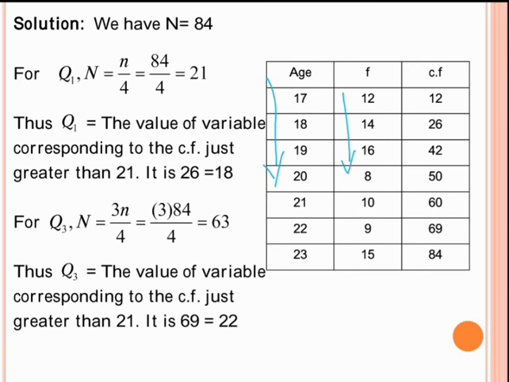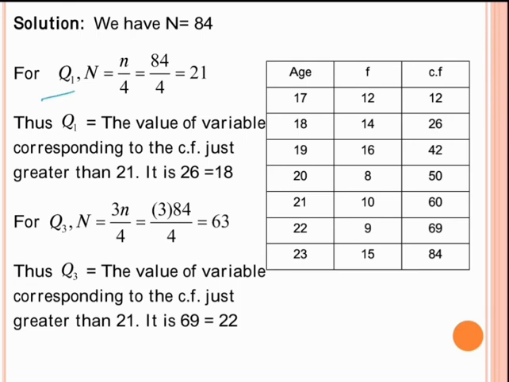This is the Fi given to us, and the cumulative frequency table we will find. So first we have capital N, that is summation of Fi, that will be 84. So capital N is 84. Now for Q1, capital N equal to small n divided by 4. Okay, so this is equal to what?